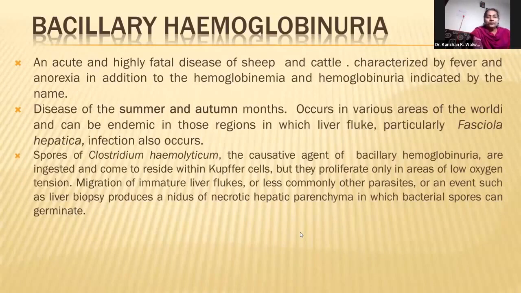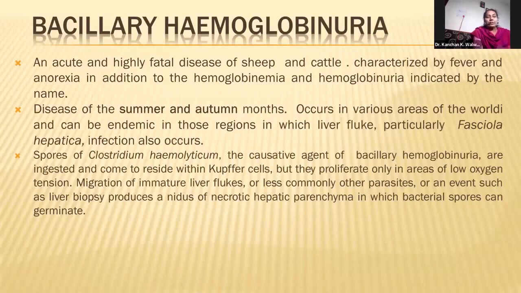So this Clostridium hemolyticum is there in the body, and along the track of the fluke it goes and settles, and since it is getting a nutritive medium of the damaged cells, it will proliferate on that, and it will lead to damage to the liver and to the Kupffer cells.